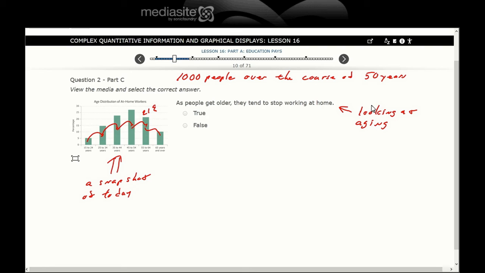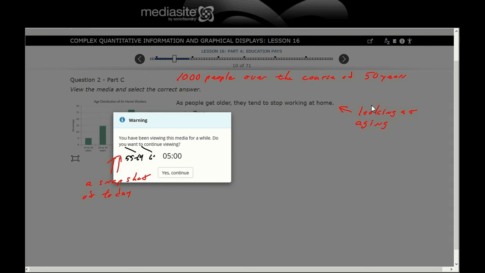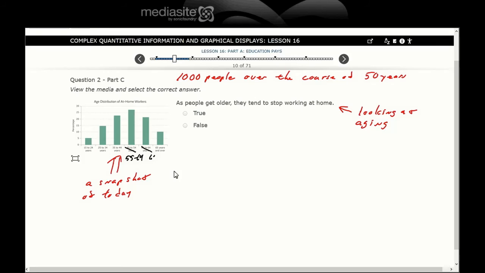Today, of the people I looked at in the 15 to 24 category, about 5% worked at home. It's not saying that as time goes on this shape of the graph won't change. I mean, in 10 years, this may be the 55 to 64 group, and this may be the 65 and over group. We don't know.